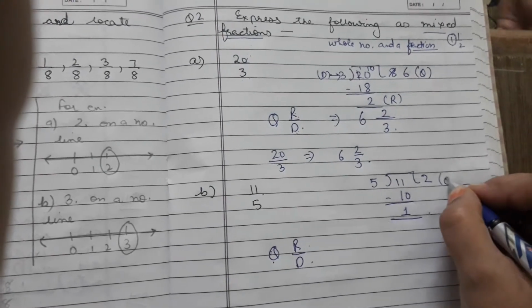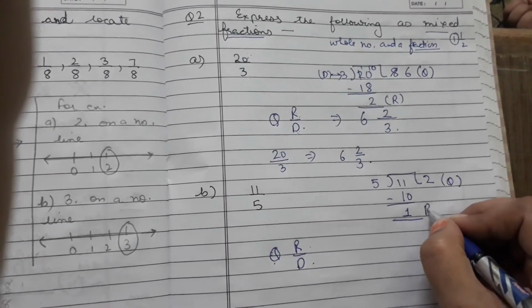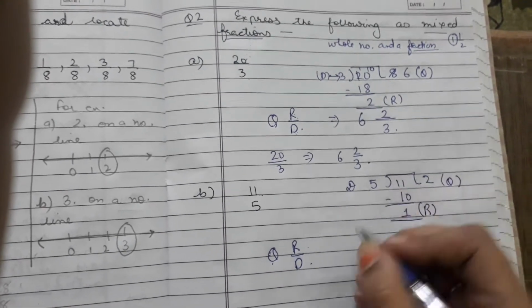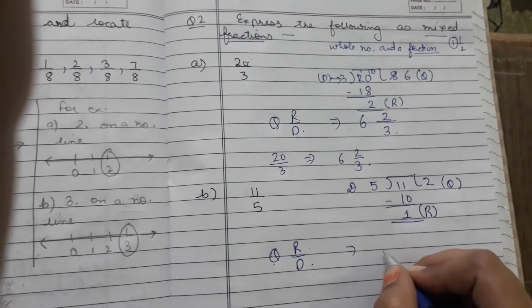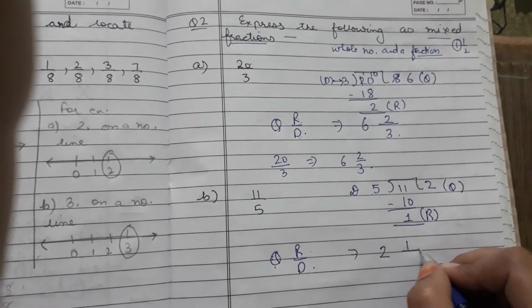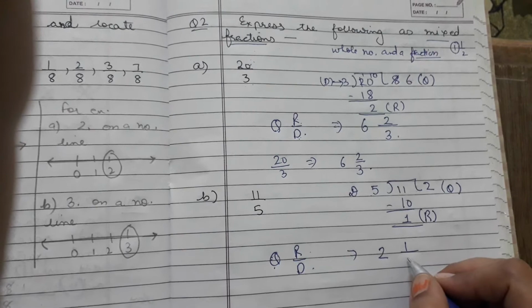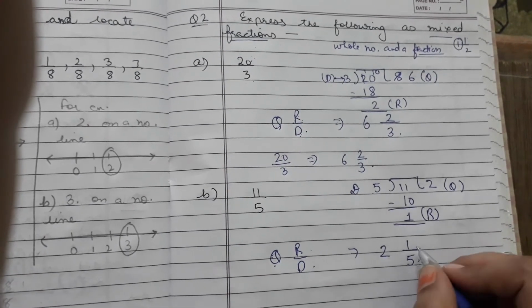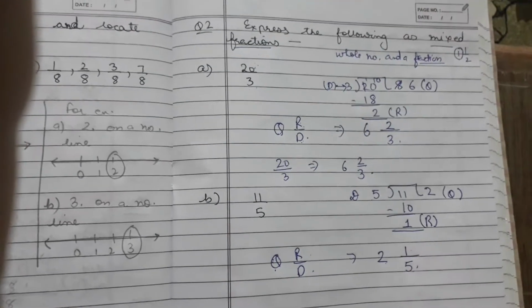So quotient here is 2, remainder is 1 and divisor here is 5. So how will we write it? 2, remainder 1 and down we will write our divisor 5. So it becomes 2 1 by 5.